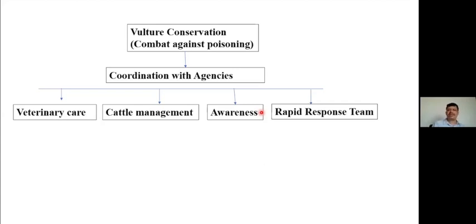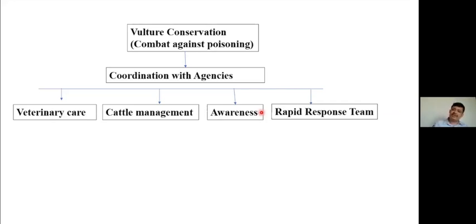All should come on a particular desk, or we have to bring everyone on board on a common system, so that we can trigger the veterinary care. Because if you reach early, if some poisoning cases happen to vultures, if you reach the place quickly, then probably you can save those vultures.